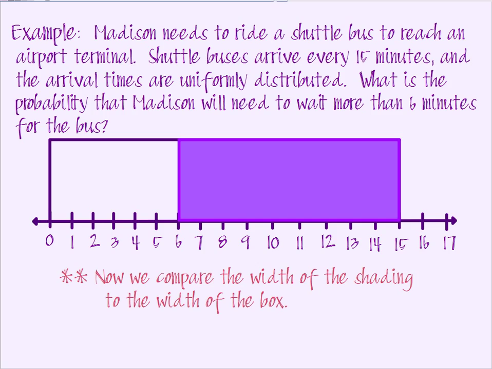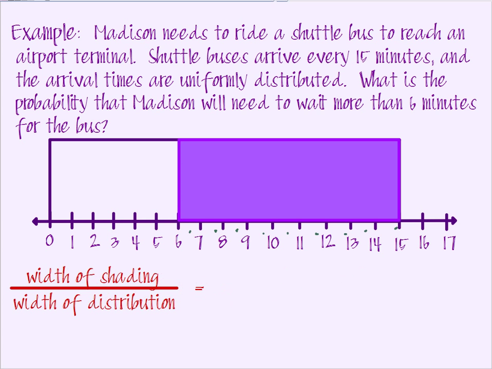So as I find probability, I'm simply going to compare the width of the shaded area to the width of the whole box. The width of the shading, and it's easiest if you count the spaces or subtract the numbers, 15 minus 6 would work. The width of the shading is 9 units, and the width of the whole box, or the whole distribution, is 15. 9 over 15, when I change it to a decimal, is 0.6.